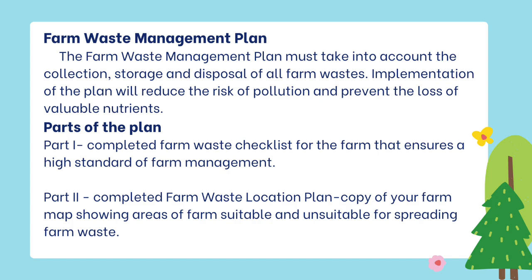Implementation of the plan will reduce the risk of pollution and prevent the loss of valuable nutrients. Parts of the plan. Part 1, completed farm waste checklist for the farm that ensures a high standard of farm management. Part 2, completed farm waste location plan, a copy of your farm map showing areas of the farm suitable and unsuitable for spreading farm waste.